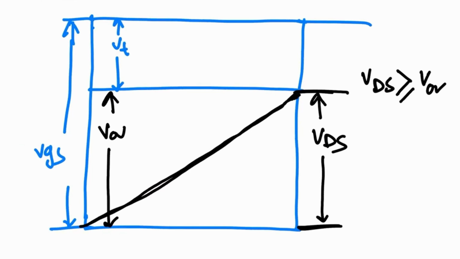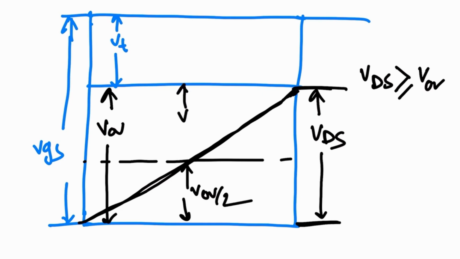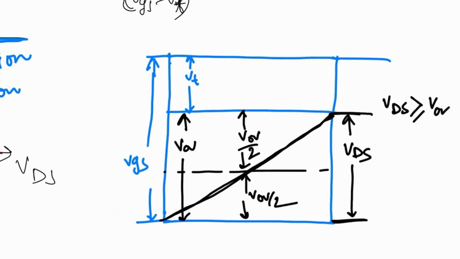Okay, and here what will be the average? Let's see, this is the average. So this will be VOV by 2. Okay, so that means the average voltage across the channel is VOV by 2.